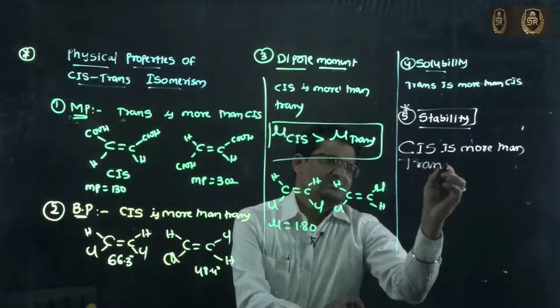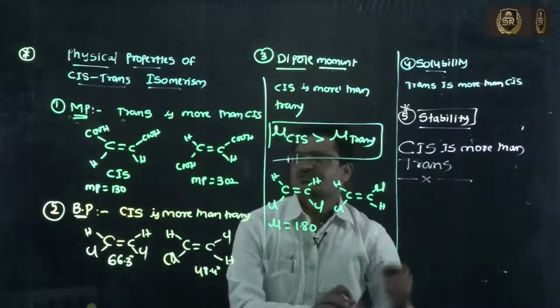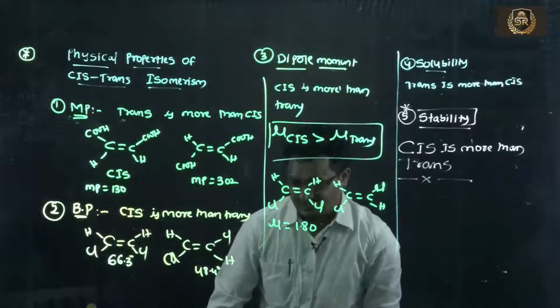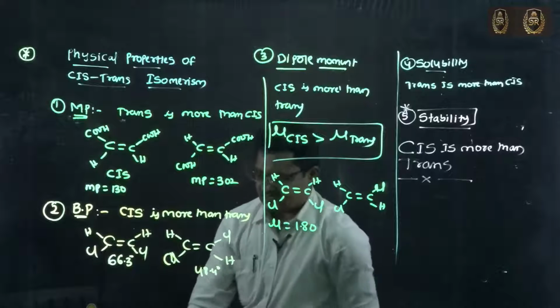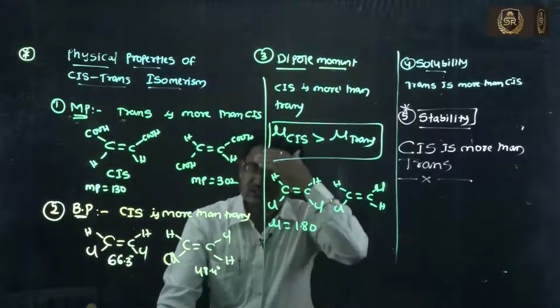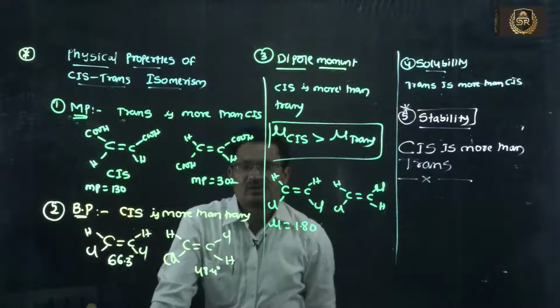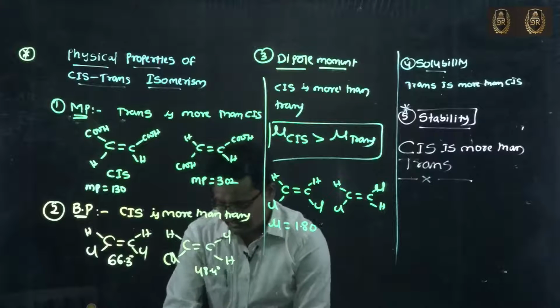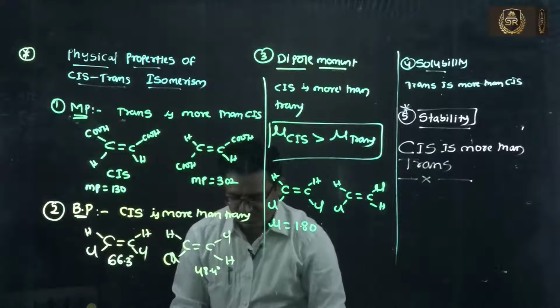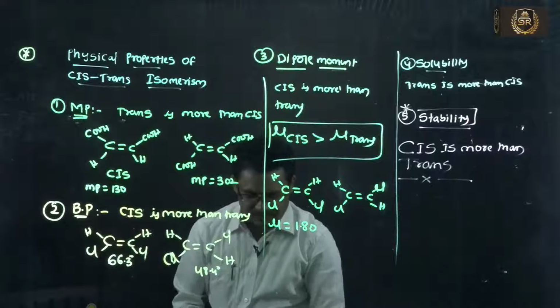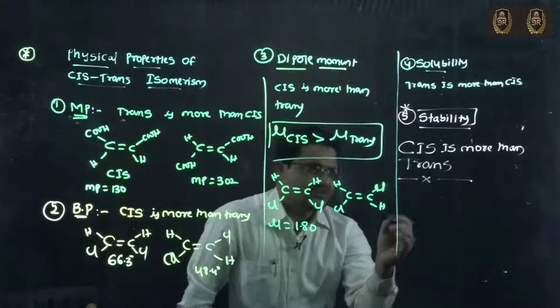Geometrical isomerism is nothing but cis-trans isomerism. And one more, stability and action of heat. One more example for this one.